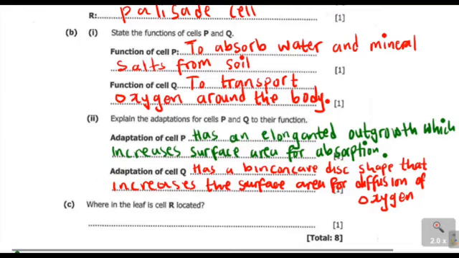So the palisade cell is located in the palisade mesophyll tissue of the leaf.